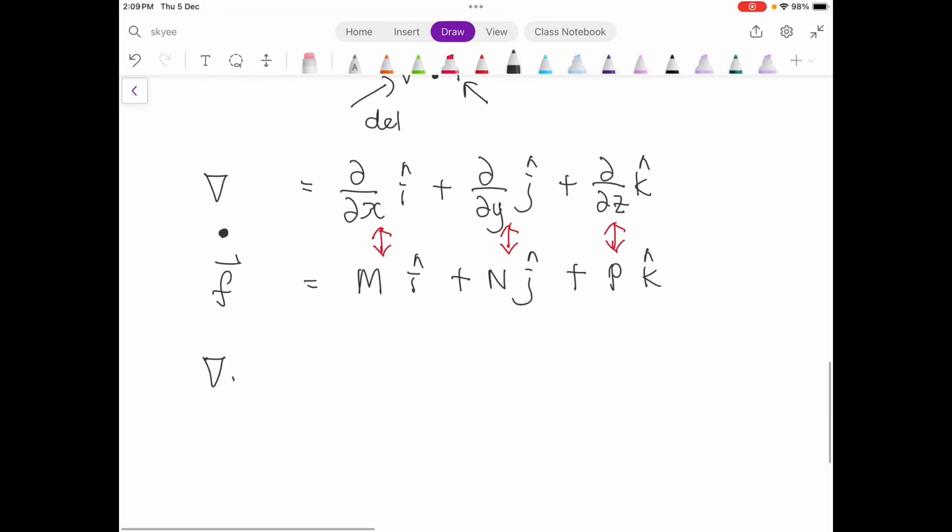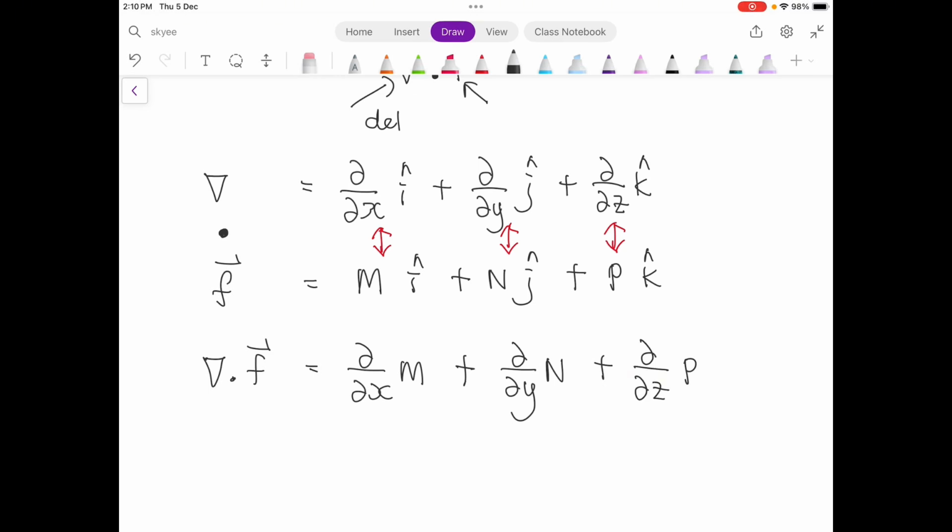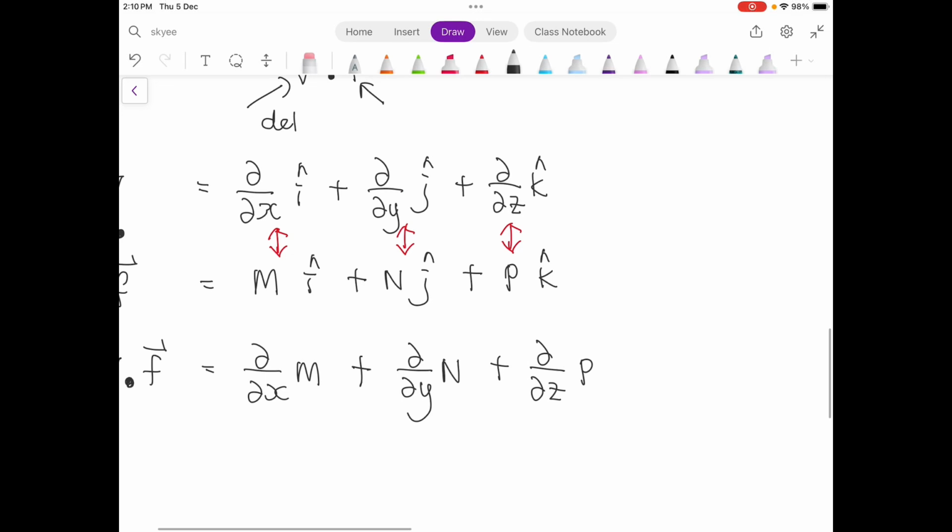So the divergence of a vector field will be equal to ∂/∂x of M plus ∂/∂y of N plus ∂/∂z of P. What you can observe here is that after you perform the dot product, the answer is a scalar quantity.